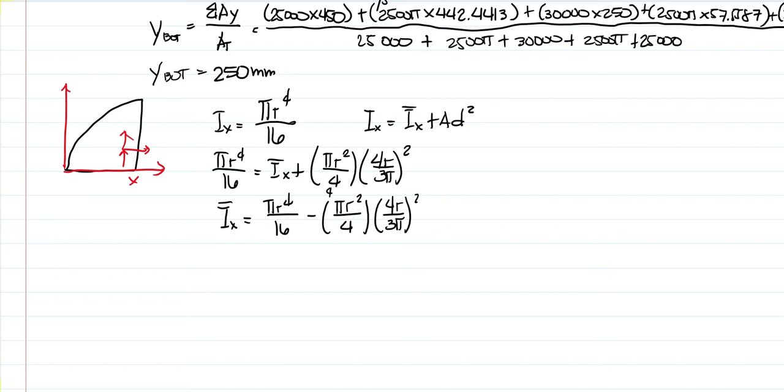Now, when we simplify our I bar x, it will be 0.05488 r raised to 4. So, that is the centroidal inertia we will use for a quarter circle.